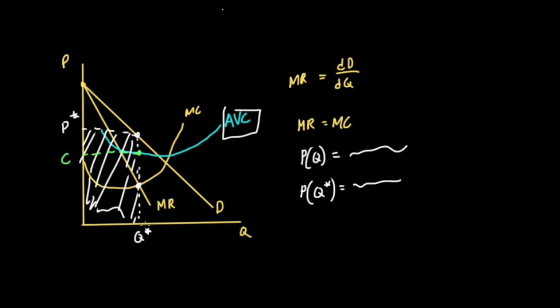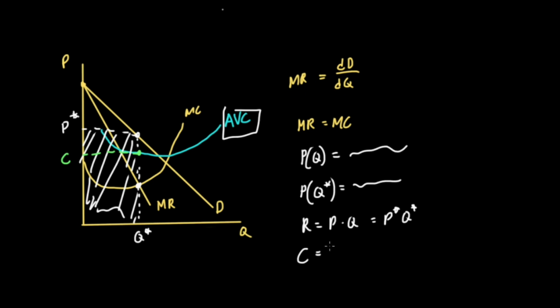And so at Q star, the firm gets a revenue of P star times Q star, because revenue is equal to P times Q. But it would also incur a cost of C times Q star. So C here would be equal to the average variable cost.